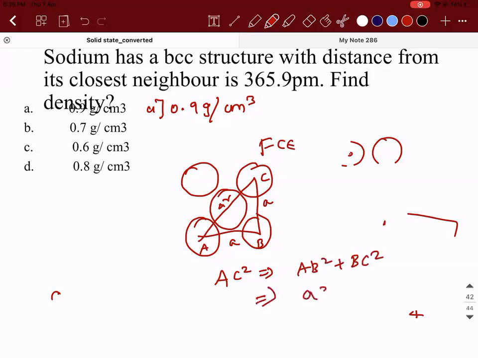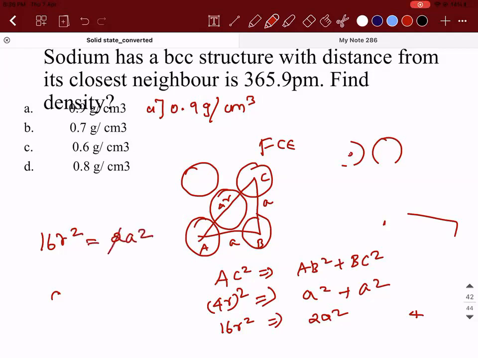A square plus A square plus 4R the whole square. 16R square is equal to 2A square. Cancel it, it becomes 8. So R square is equal to A square by 8. Taking square root, R is equal to A by 2 root 2.